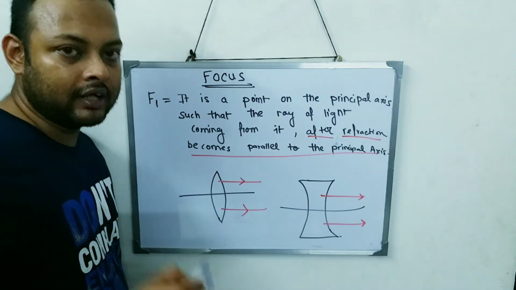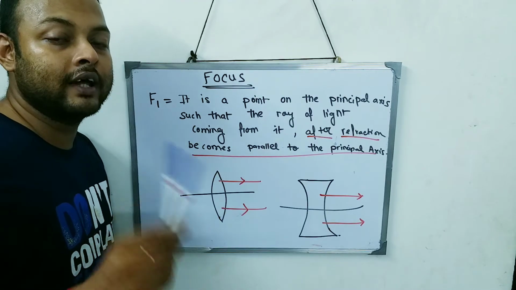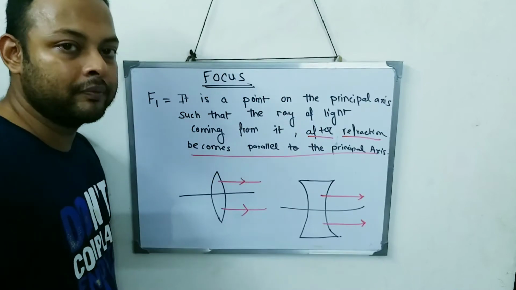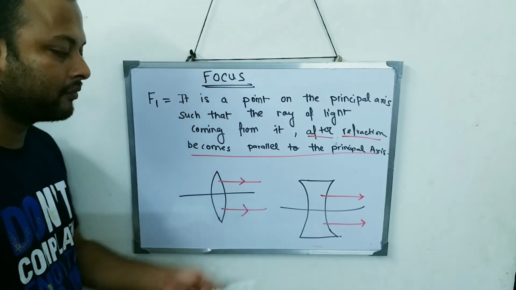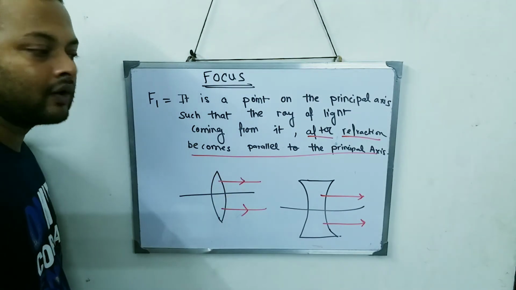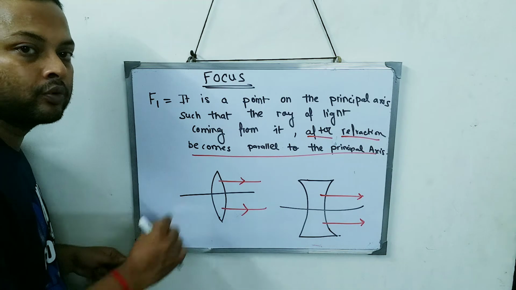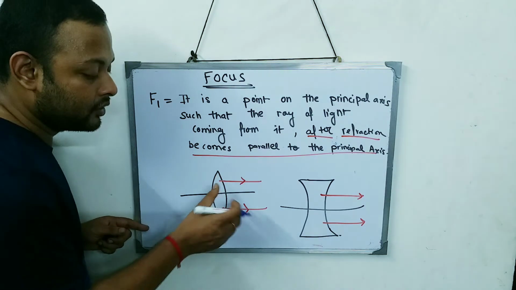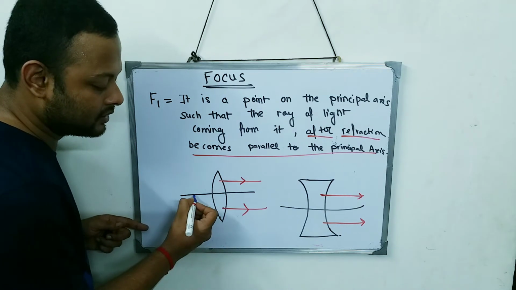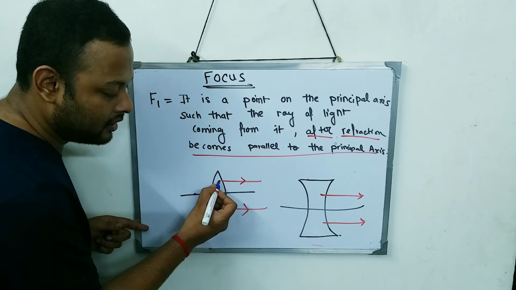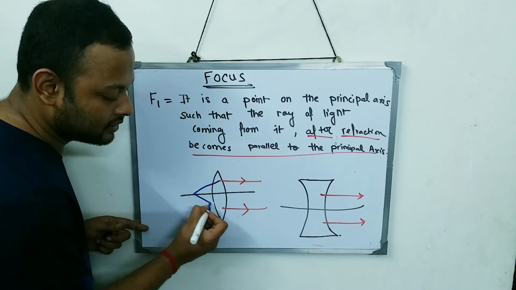Just recollect what I have taught you in lecture 2. These rays which are parallel to the principal axis are the output rays. Now, what can be the input rays? To be parallel to the principal axis, these rays must be coming from a certain point, and it should be something like this.